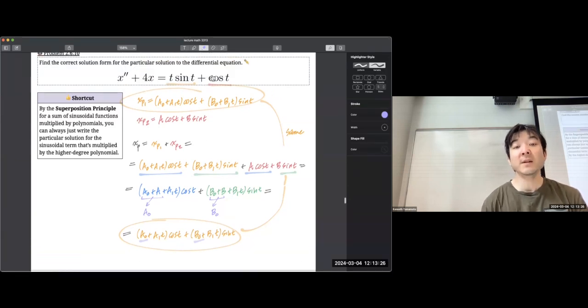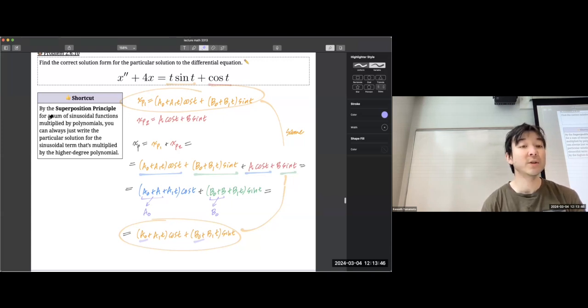So if you have the same sinusoidal function, which means the argument is the same, so sine of t, cosine of t, then you could do superposition where you build each of them and then add them together, but it would be the same as if you just took the particular solution with the higher degree polynomial multiplied to it.